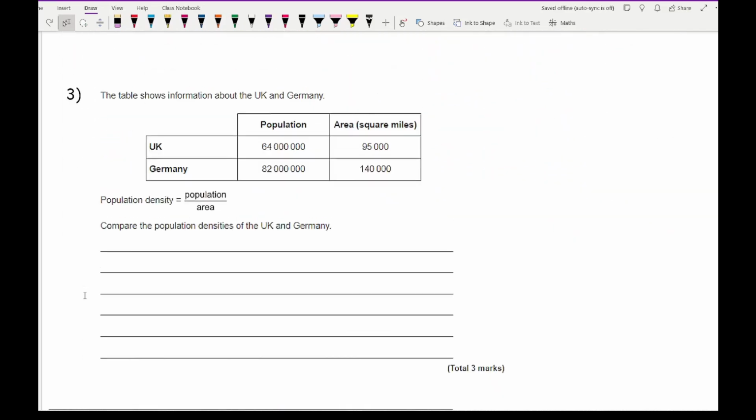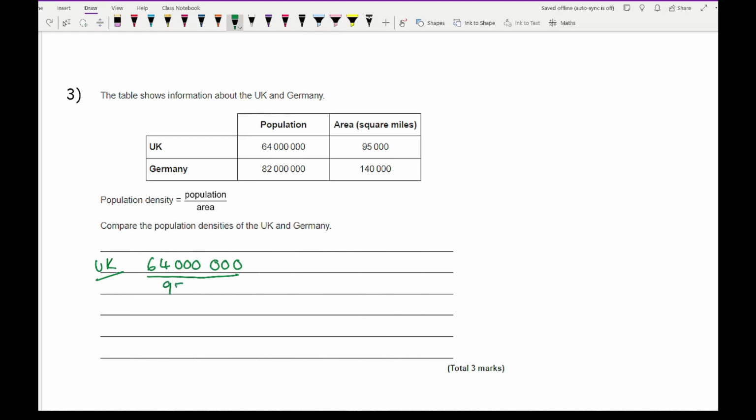Then moving on to question 3, it says the table shows information about the UK and Germany, and we've been given the formula, and it says compare the population densities of the UK and Germany. For this, I would first of all set up which country we're looking at first, so it's going to be the UK. Sometimes the populations are big numbers, so expect in some cases that your numbers will be in standard form.